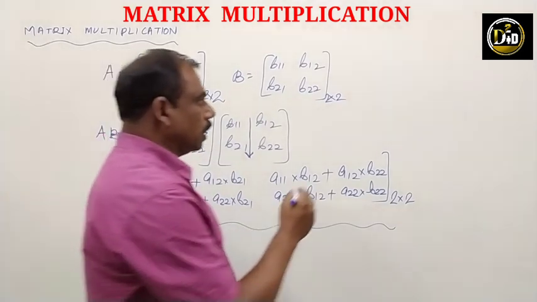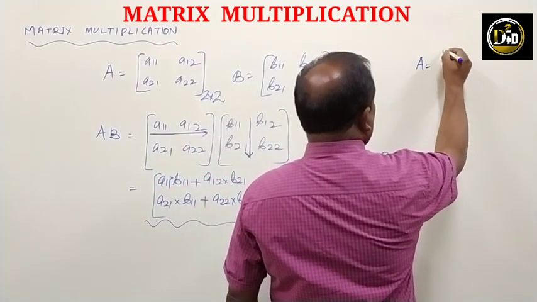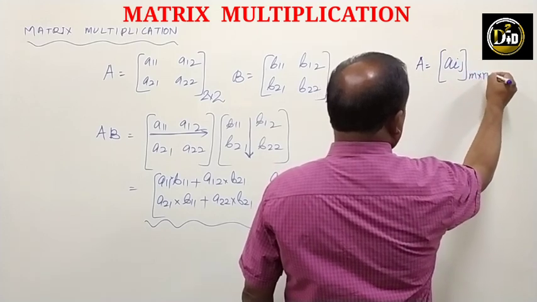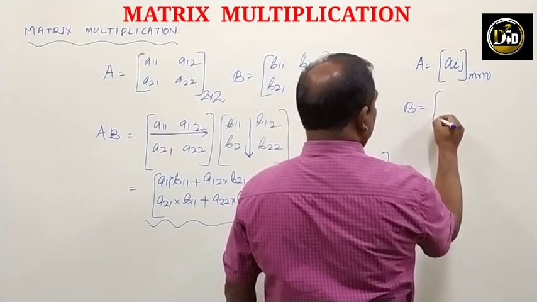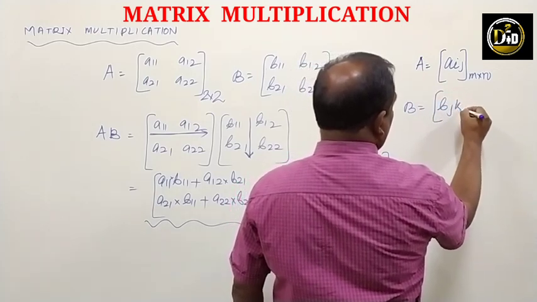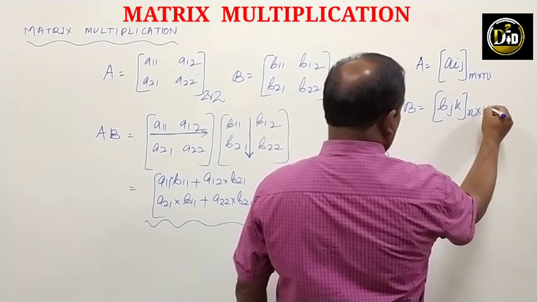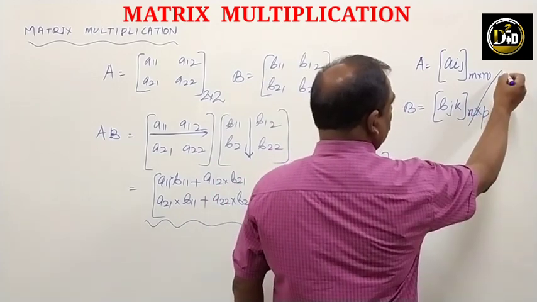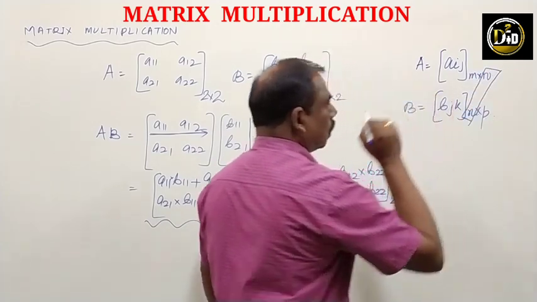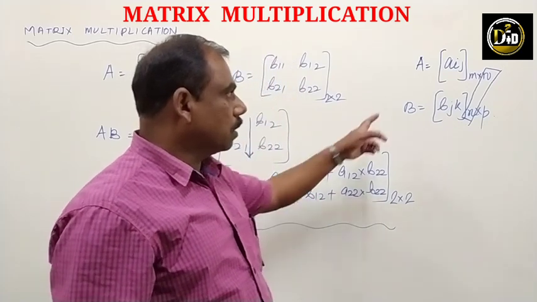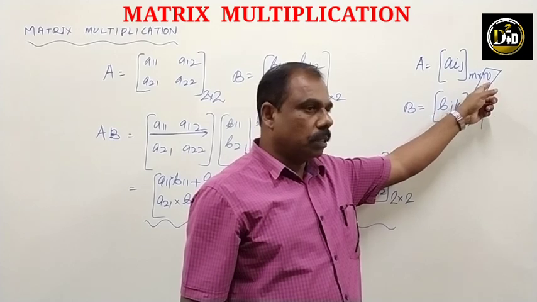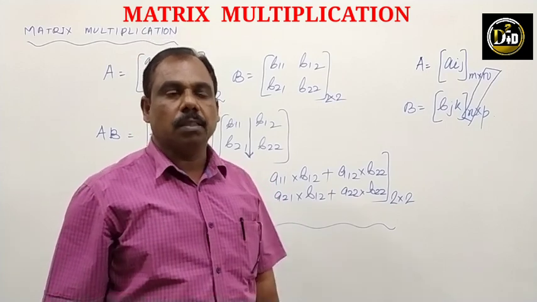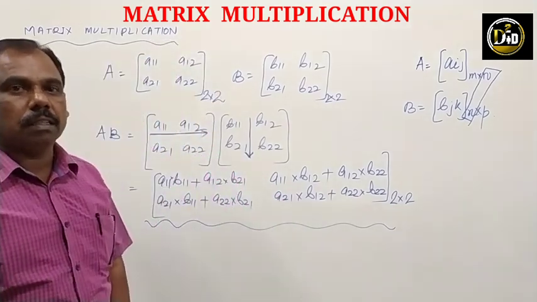In this case, if you take a matrix Aij of order m by n, then we can take another matrix of the form Bjk, which should be of order n by p. In this particular case, these two letters are the same. That means the number of columns of the first matrix should be equal to the number of rows of the second matrix. In such a case, we say that the product A into B is defined.